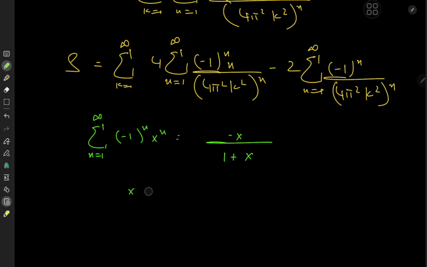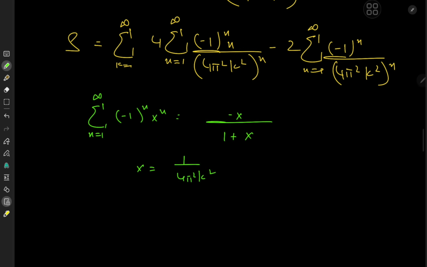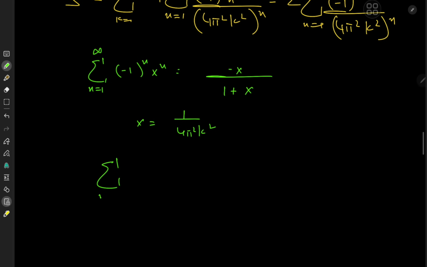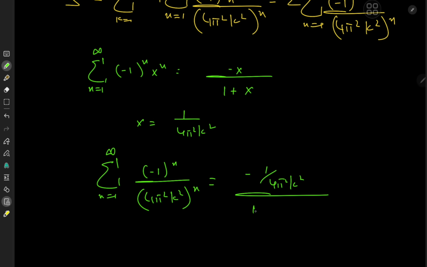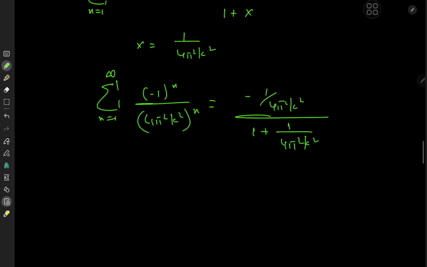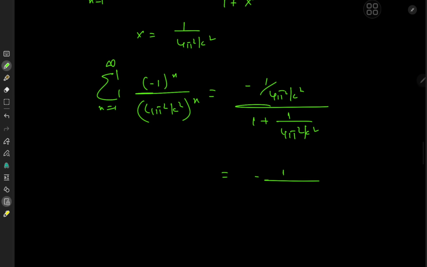So all I need is to let x here equal 1 over 4π²k², which means that we now have the sum over n from 1 to infinity of (-1)^n over (4π²k²) to the n, and this thing should equal -(1 over 4π²k²) over (1 plus 1 over 4π²k²). Of course, after some simplification, we get -1 over (1 plus 4π²k²). So that is the first sum we're interested in.